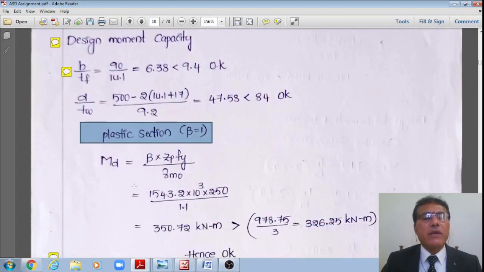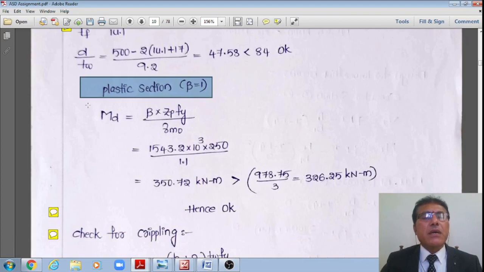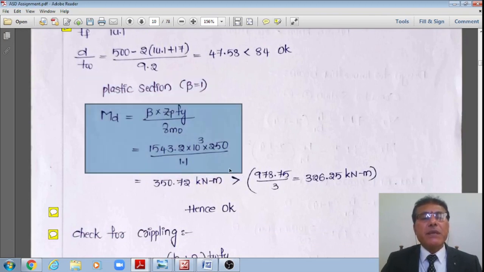Therefore, beta is equal to 1. Hence, the design moment capacity is given by this formula: Md is equal to beta, which is 1, multiplied by Zp, the plastic section modulus provided, 1543.2 times 10 to the power 3, multiplied by fy 250 with its partial safety factor 1.1, divided by 10 to the power 6.